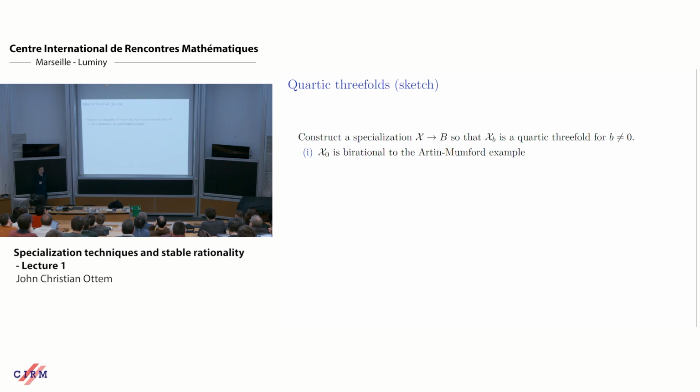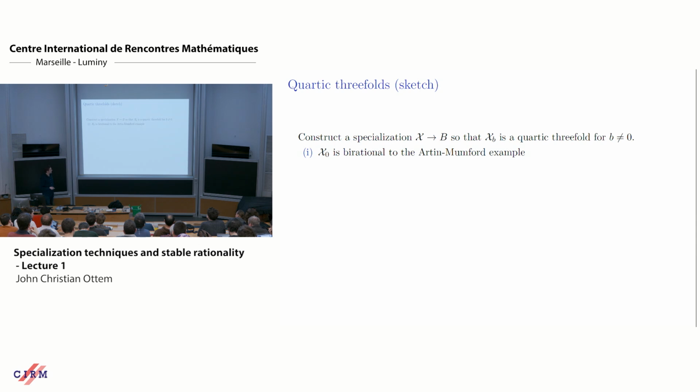Well, you can write down explicit formulas, but next time I'll show you exactly how to do this. But the point is that you can do this. So the quartic threefolds can be specialized to something which is birational to the Artin-Mumford example.